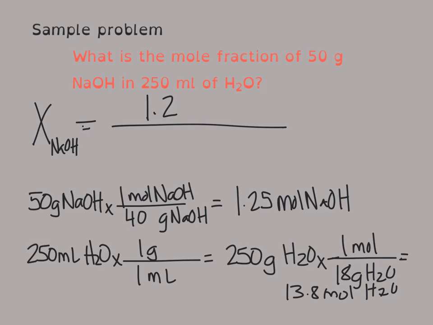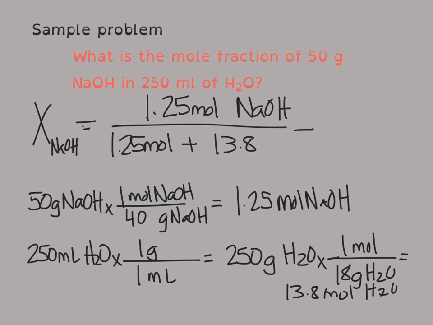Okay, so we will now set up our problem. So 1.25 moles of NaOH on the top, and then we're going to divide by all of the moles. So we'll have moles of NaOH and the moles of water, and 1.25 and the 13.8 would give me a value of 15.05.